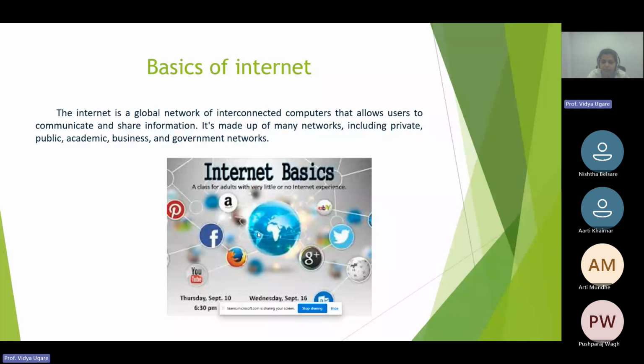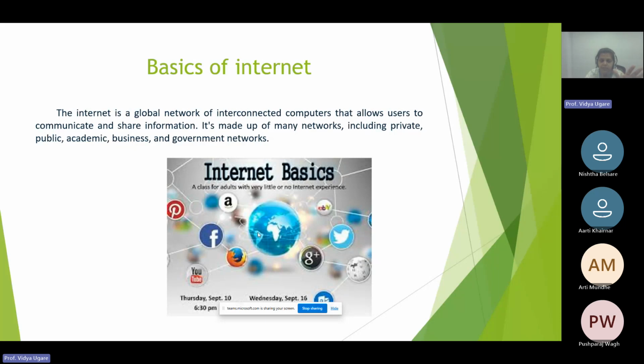Network is a connection of computers which are connected to each other to share information and resources. Like computers in a lab, let's say we connect the devices in a network, we can share any data, any resources from one to another. That is a network.